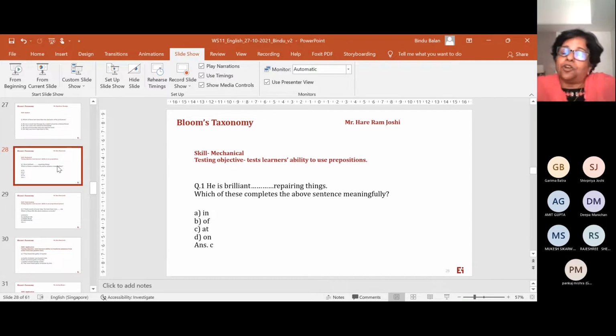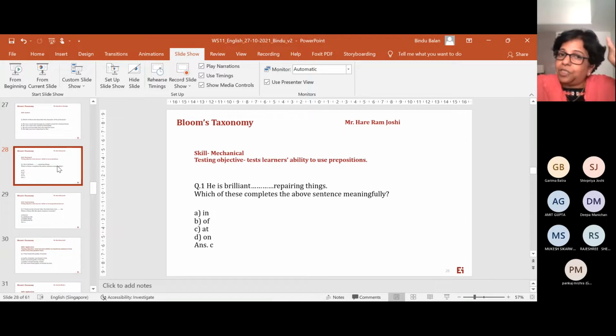So do you think it stops at understanding now? No, ma'am. It's application. Yeah, it comes at application because the child has to apply their knowledge and the concept they have learned in a new context.